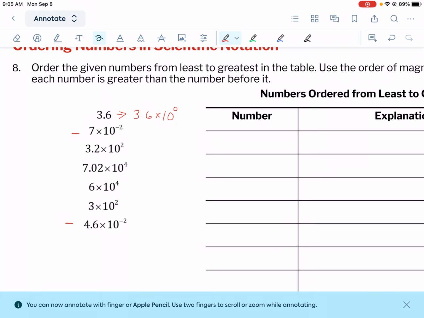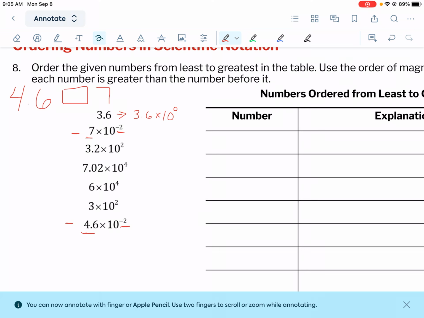We have 7 times 10 to the negative 2, and we have 4.6 times 10 to the negative 2. Those are our smallest numbers because our exponents are negative, and they are the same value, negative 2. Now we focus on our A values at the front, which are 7 and 4.6. All you need to do now is determine which one is larger. If I rank 4.6 and 7, is 4.6 less than or greater than 7?